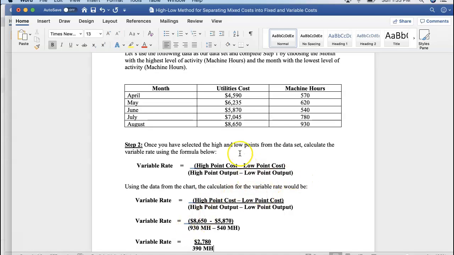So when we look at our chart, again, we are going to use the associated cost with the high point, which is 8,650, and we're going to use the associated cost with the low point, which is 5,870. And then we're going to divide that by the high point activity, which is 930 machine hours, minus the low point activity, which is 540 machine hours.